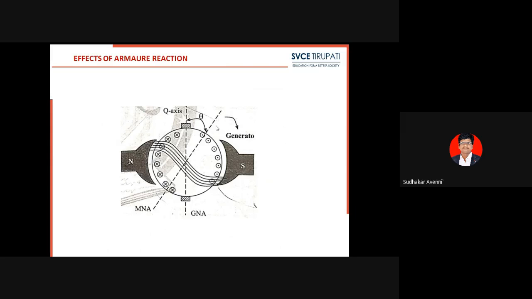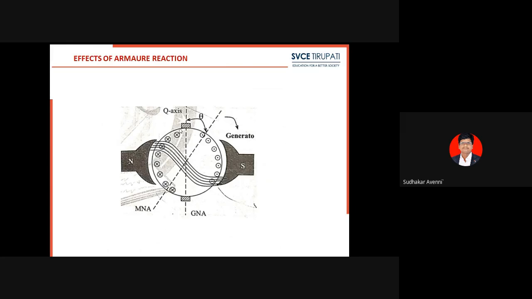Because of this cross magnetization, the commutation is also poor. Why is the commutation affected? Because of the cross magnetization effect, some amount of flux is established near the brush axis, under the brush also.